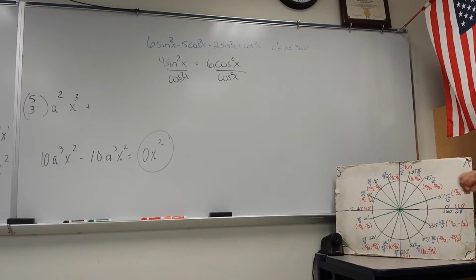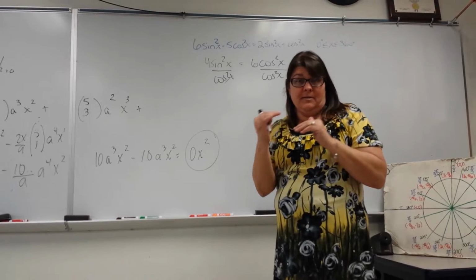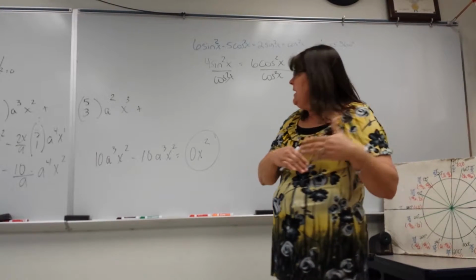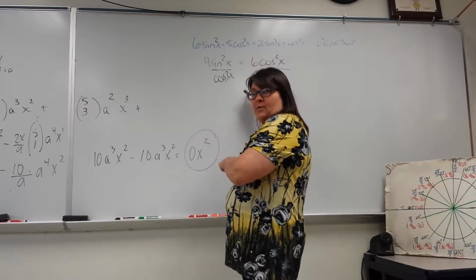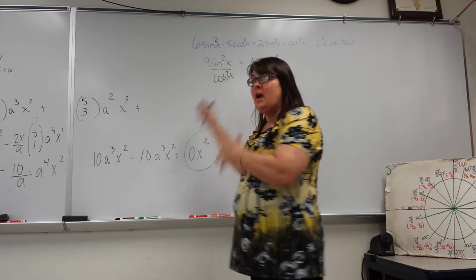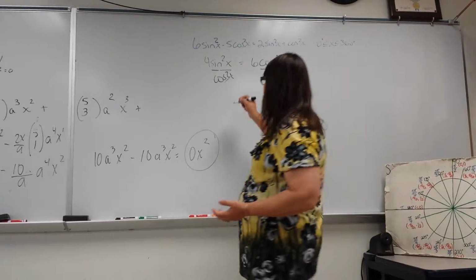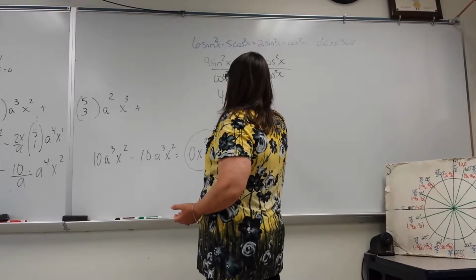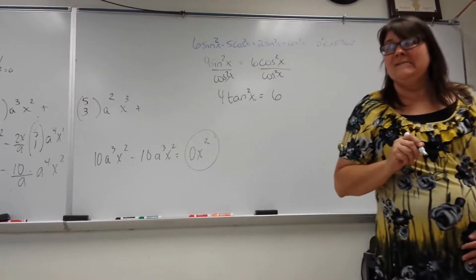Looking at your work, you actually made one into 1 minus cosine squared, combined like terms, and got to the same answer in the end. We're just trying to make life easier, you know? Okay, so 4, and then sine squared divided by cosine squared would be tangent squared equals 6.